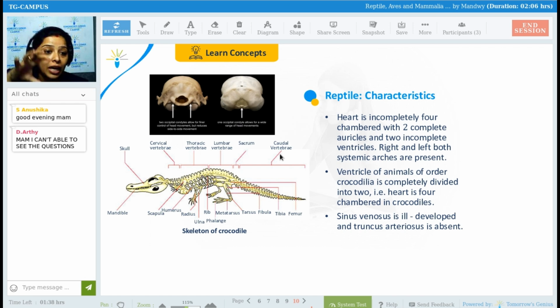If the skull has a single socket or hole to attach with the vertebral column, this attachment, the condyle, is for the movement of the neck. If they have a single one, it is called monocondyle. If they have two holes, two lobes for the attachment of the vertebral column, it is called dicondyle.